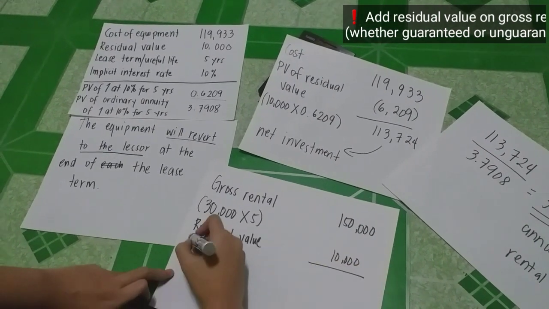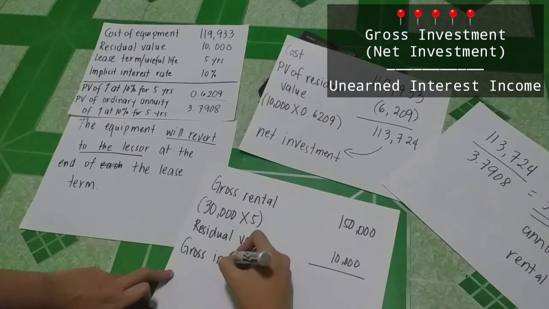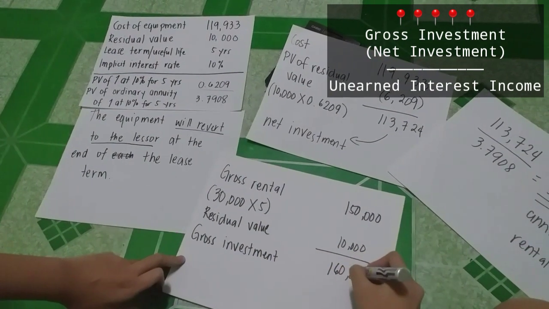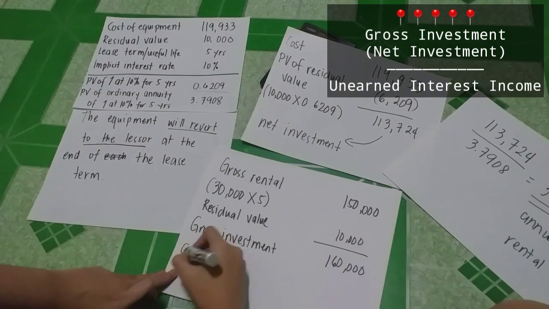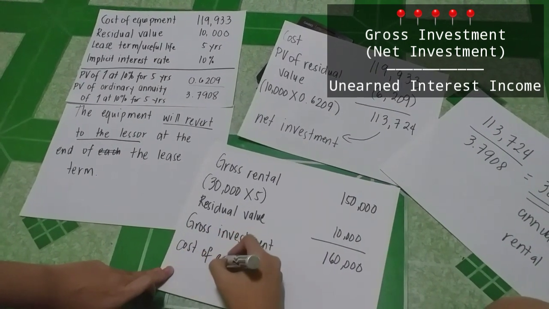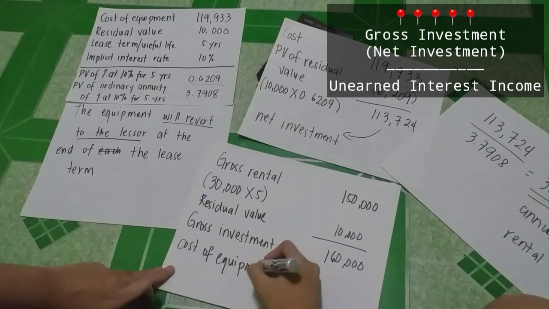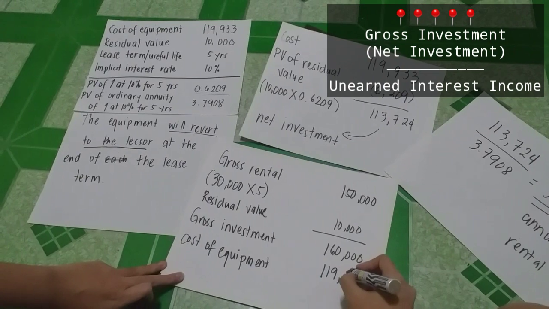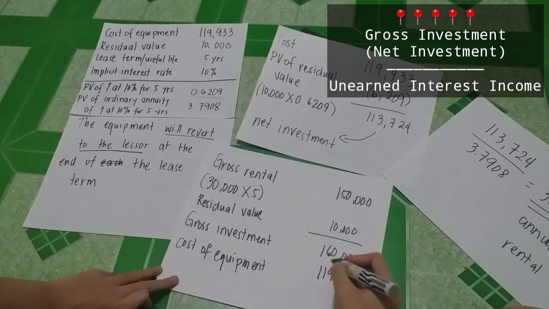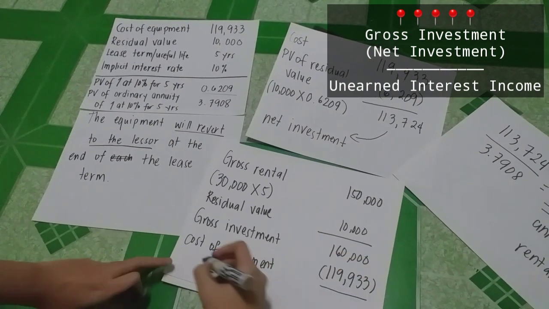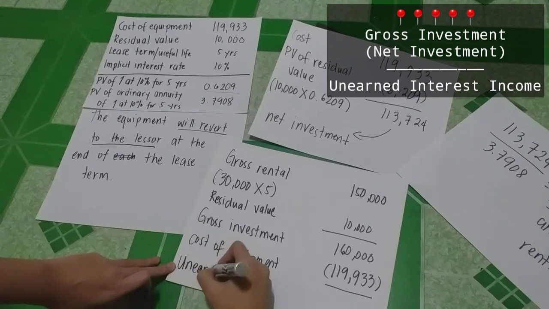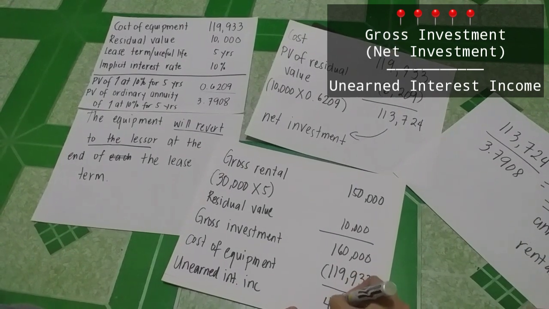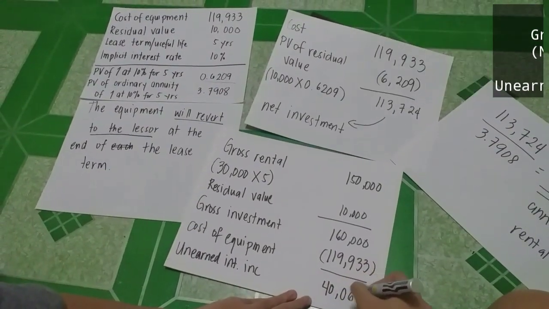So, we now have gross investment, which is 160,000. Less the cost of equipment, 119,933. Then we now have the unearned interest income of 40,067.